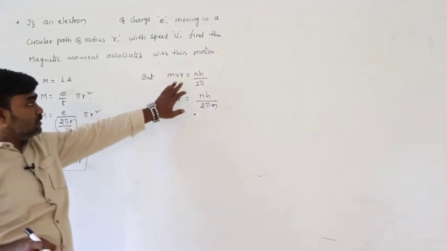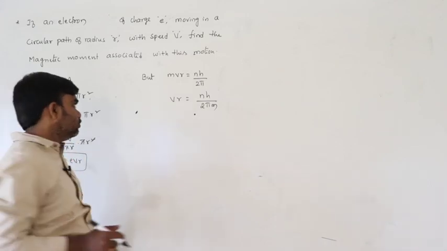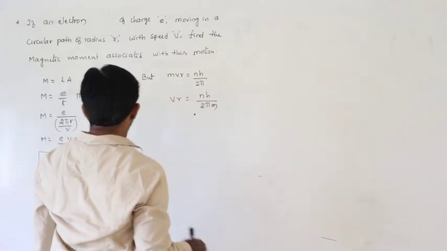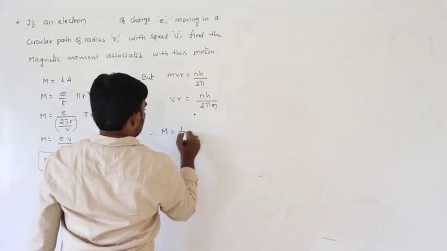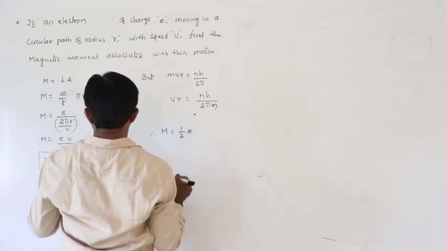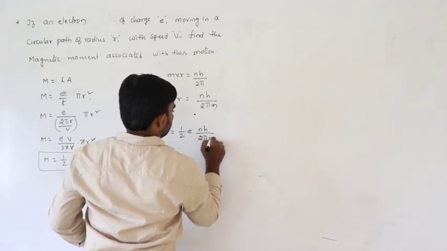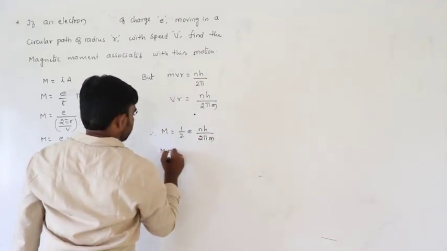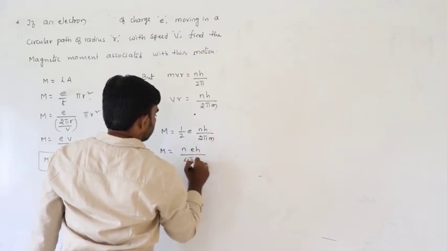Therefore, magnetic moment is equal to half e into, in place of vr, we can substitute nh by 2 pi m. So M is equal to neh by 4 pi m.